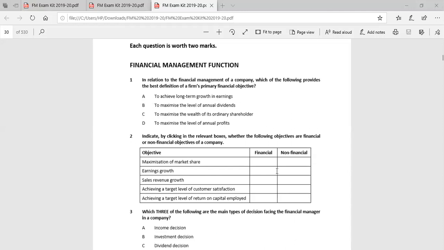The first one is, in relation to financial management of a company, which of the following provides the best definition of a firm's primary financial objective?